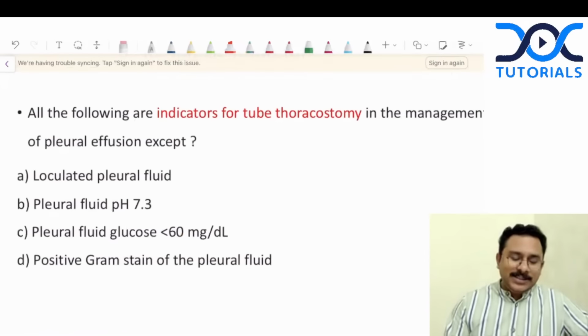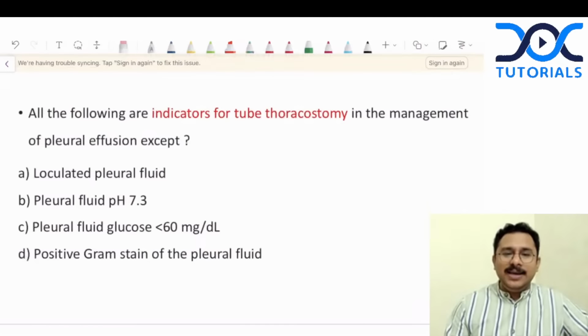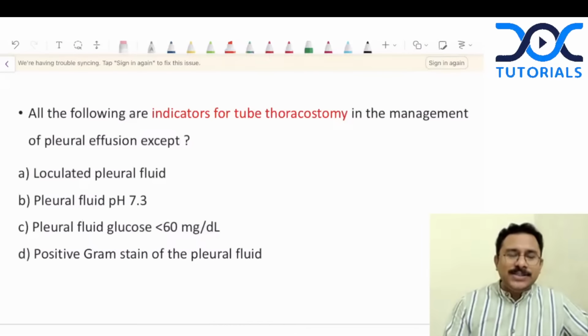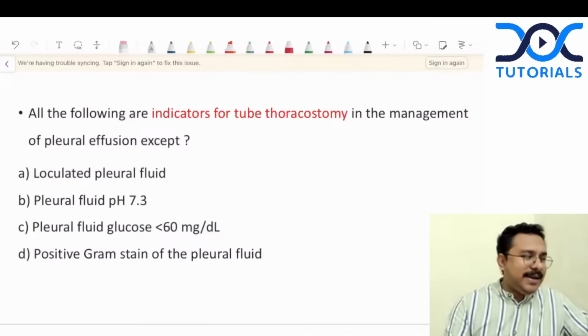Okay, next question. All the following are indicators for tube thoracostomy in the management of pleural effusion, except. So in the management of pleural effusion, in certain cases, you will have to do therapeutic thoracocentesis. But in certain scenarios, you may have to go for a tube thoracostomy.